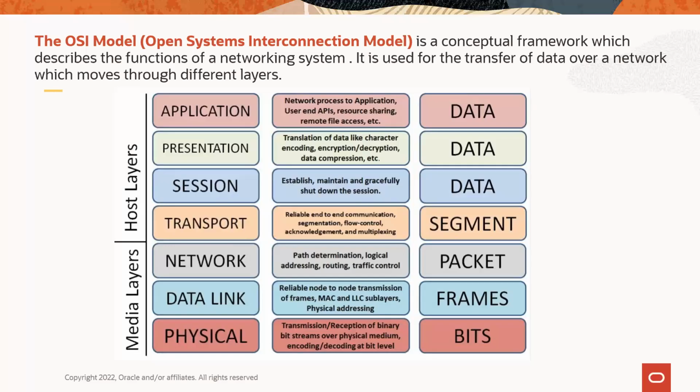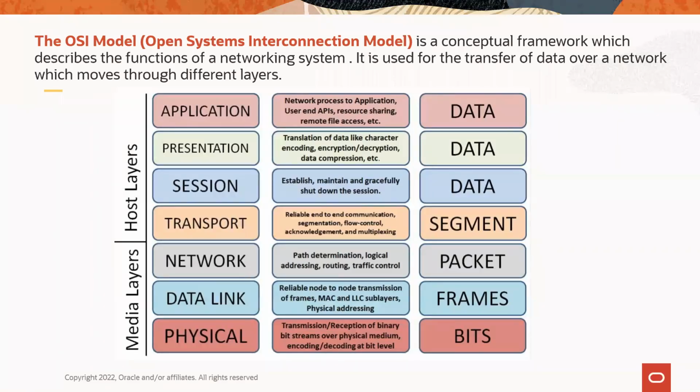The next layer above the data link layer is the network layer. The information at the network layer is called a packet. At the network layer, IP addressing gets introduced. Every device is given an IP address, and the IP address is called the logical address.